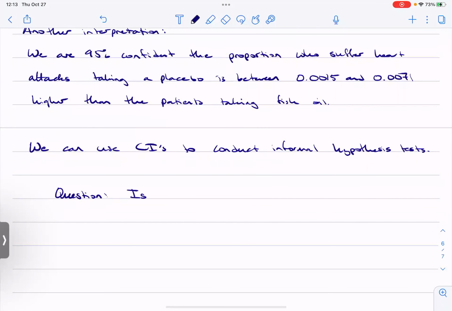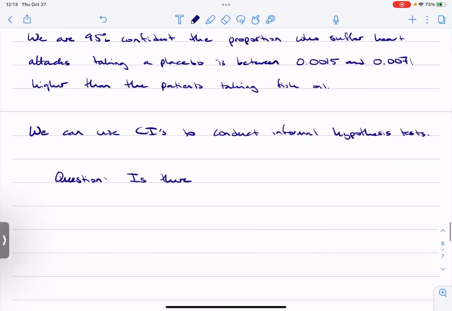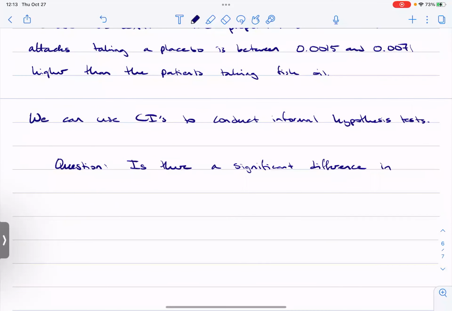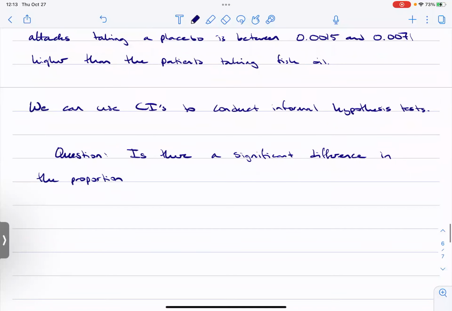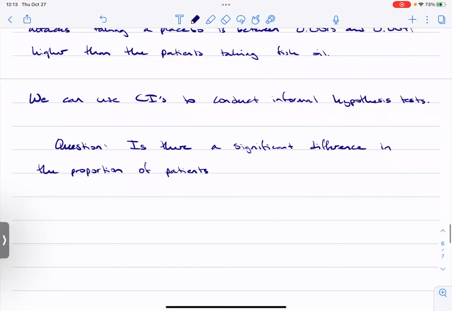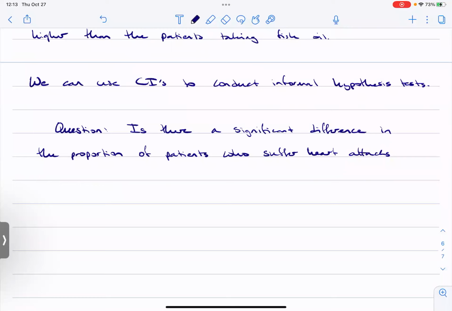So, is there a significant difference in the proportion of patients who suffer heart attacks in the fish oil versus placebo groups?